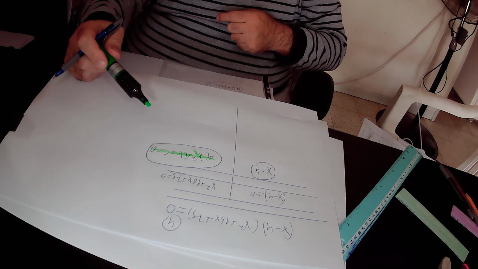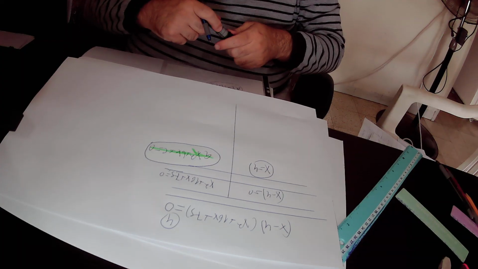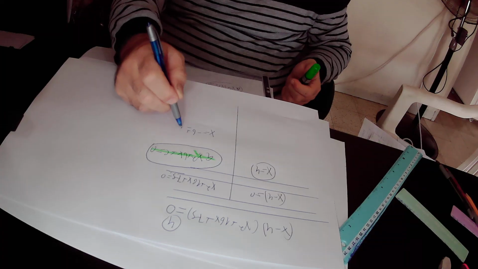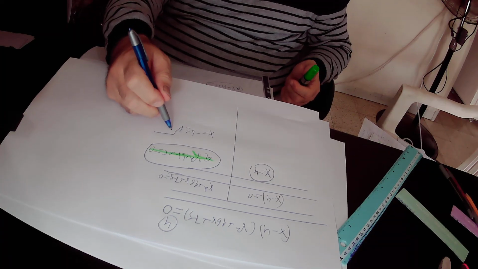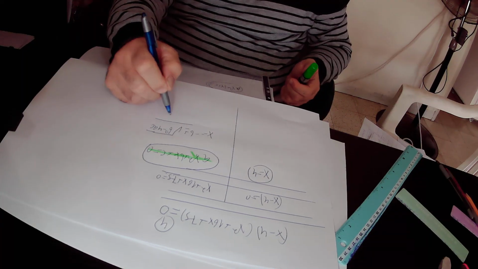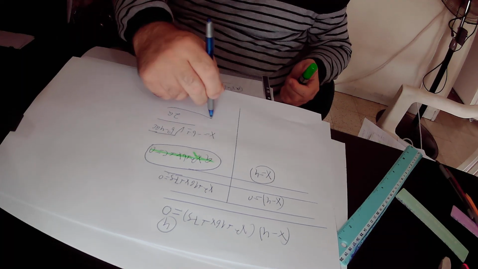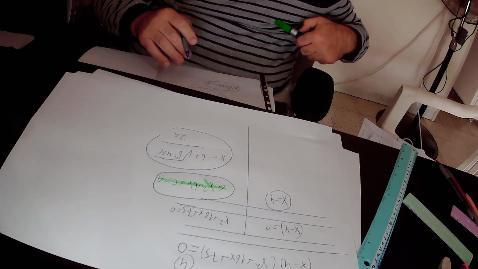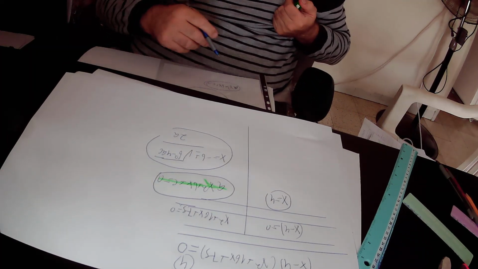And we find the value of x according to the following formula: x equals minus b plus minus square root of b squared plus 4 times a times c over 2a. Okay, this is the general formula for x.